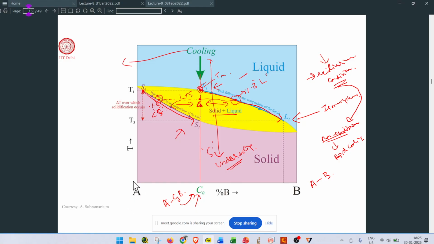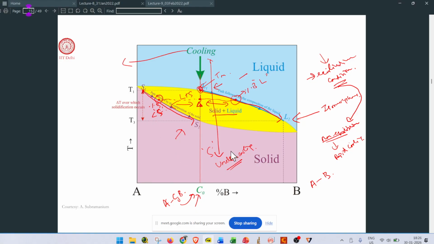So if you have one element, here is the A element on the left side, completely 100%. Here B is the element on the right side, completely 100%. In between, the ratio is changing. Okay. So if I am trying to cool it, here at the A region, once it reaches the melting point temperature, it will convert directly from liquid to solid.